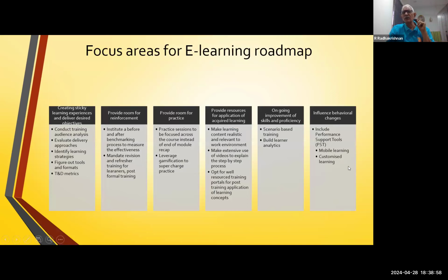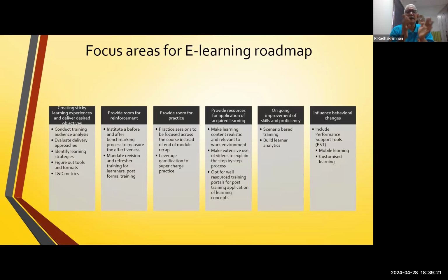Now, to conclude, I thought I will give one small slide which will help you summarize your entire focus on the e-learning roadmap. If you want to build an e-learning roadmap, there are 6 key pillars, I would say. One is you create a learning experience and deliver desired objectives.